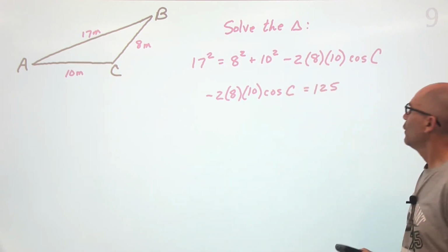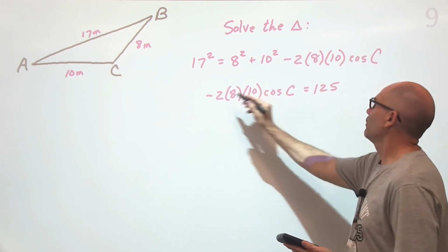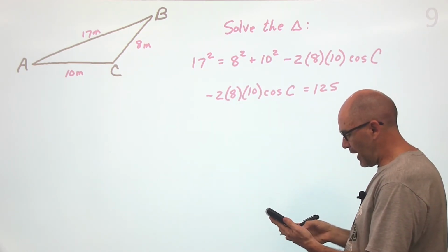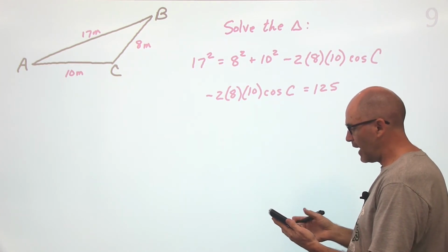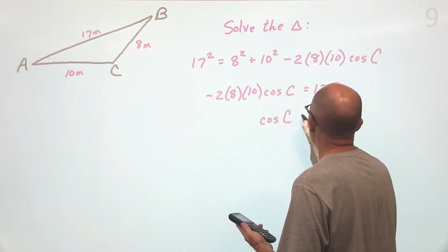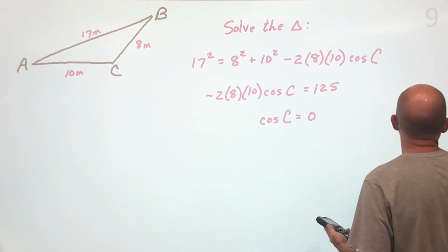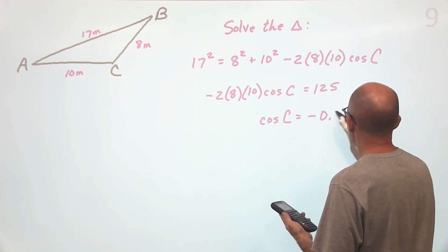So now I just divide by, well, 2 times 8 times 10 is 160. So let's just divide by negative 160. So cosine C equals negative 0.78125.